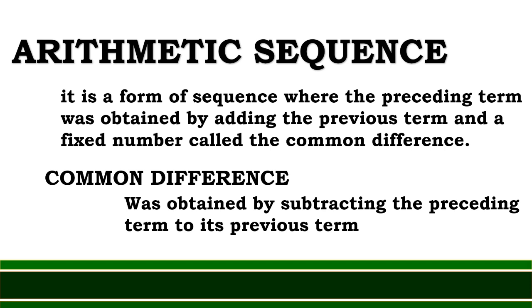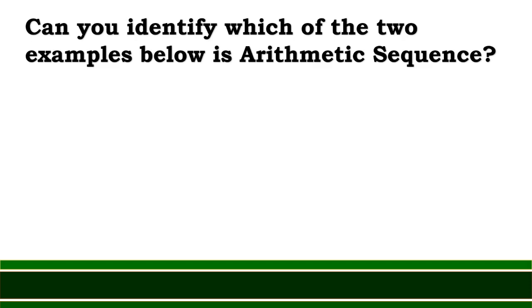Common difference is one of the patterns in arithmetic sequence to identify what will be the next term for that sequence. Now, can you identify which of the two examples below is arithmetic sequence?